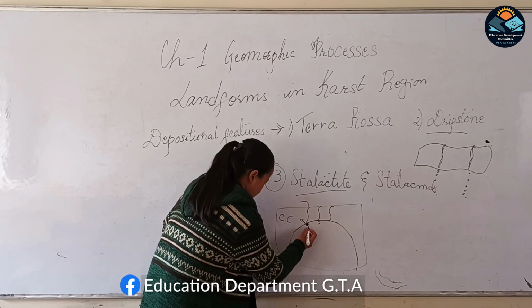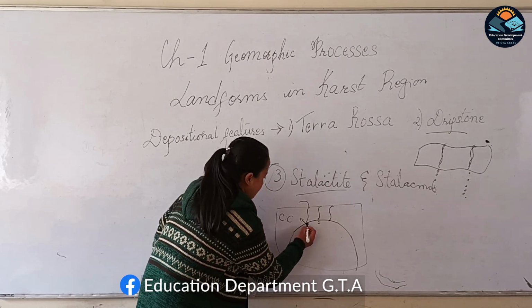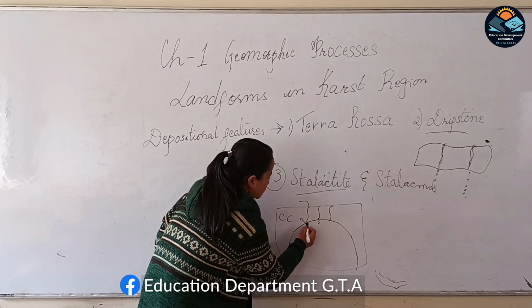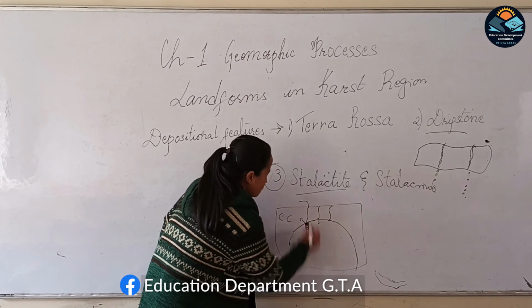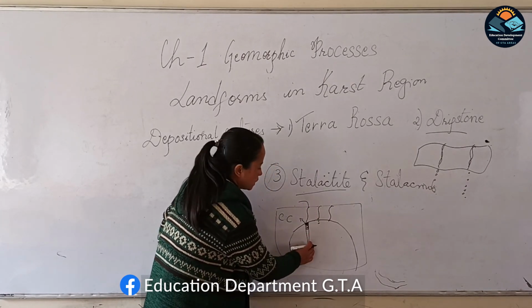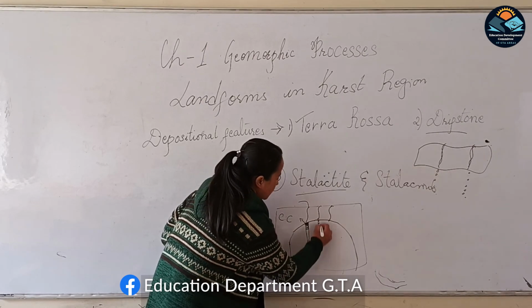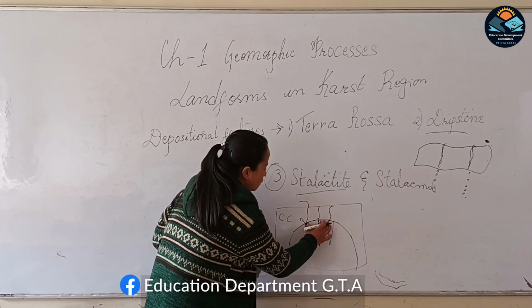In course of time it grows bigger in size, forming a pillar hanging from the roof of the cave. In this way, many stalactites hang from the roof of the cave.